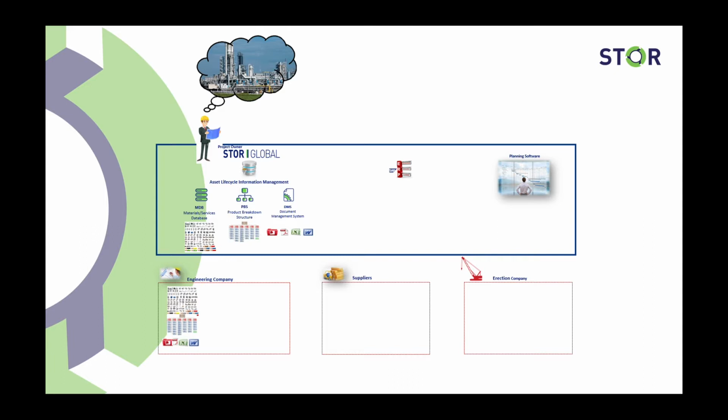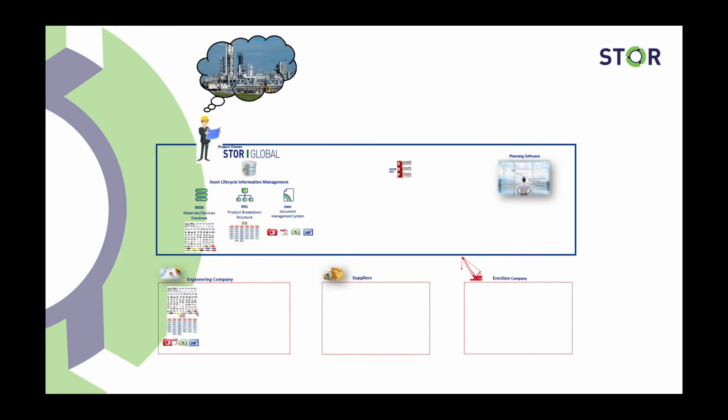Once the planning is ready, the information will be synchronized on STOR ALIM for the parameter programming of the material requirement planning, most known as MRP. It also will capture the engineering company's service delivery dates.